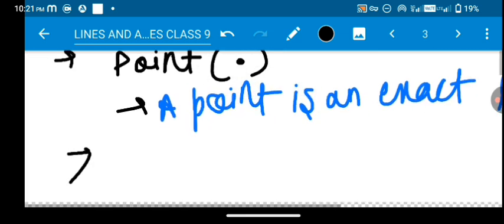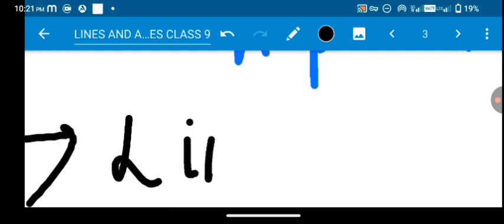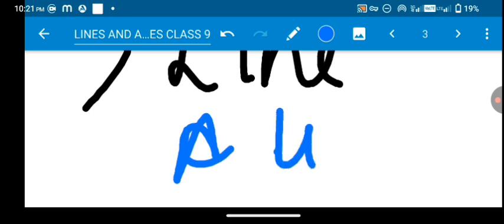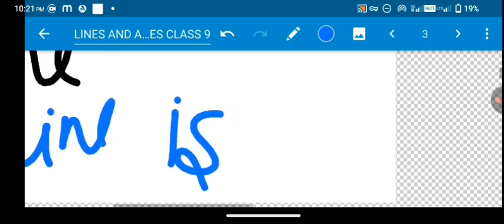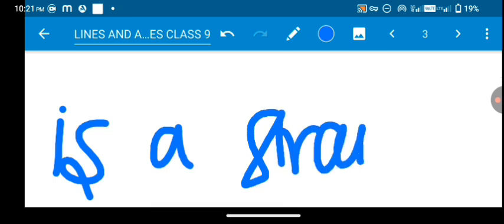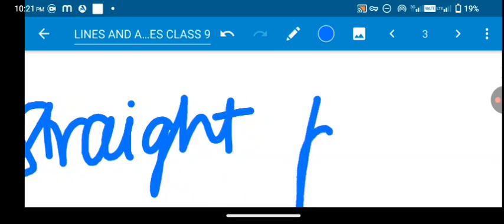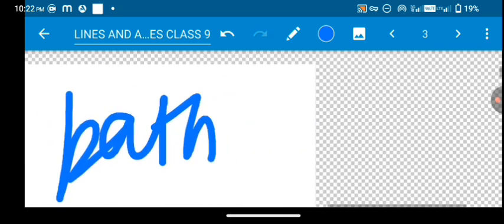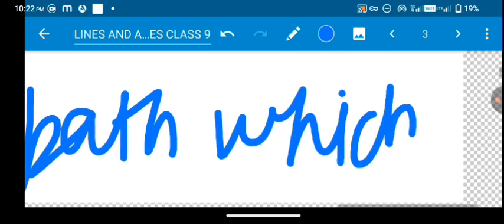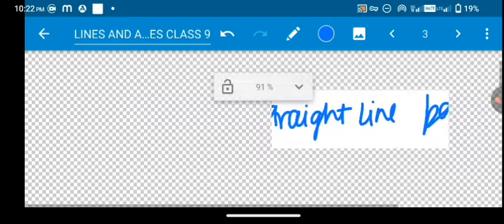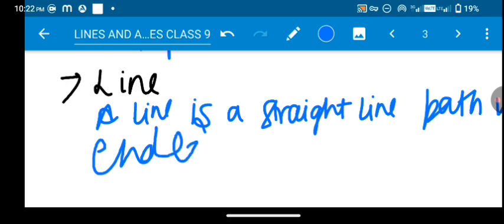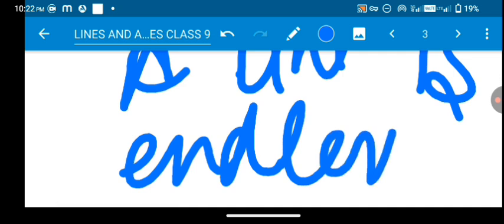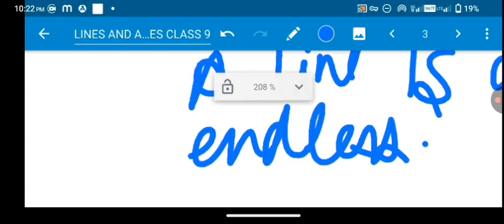Next, line. What is a line? A line is a straight path, a straight line path which is endless.